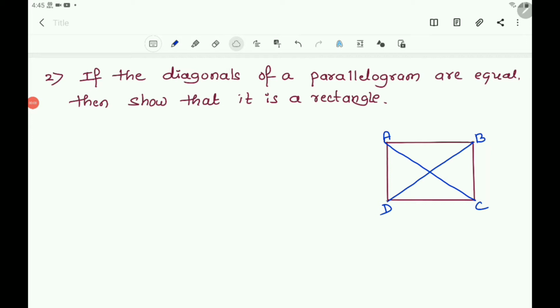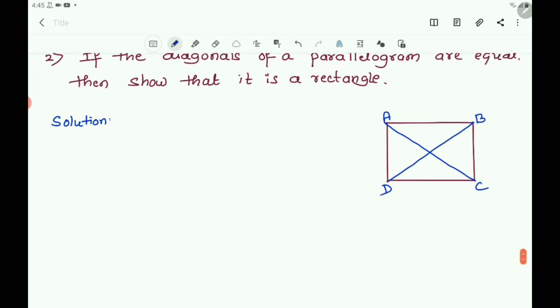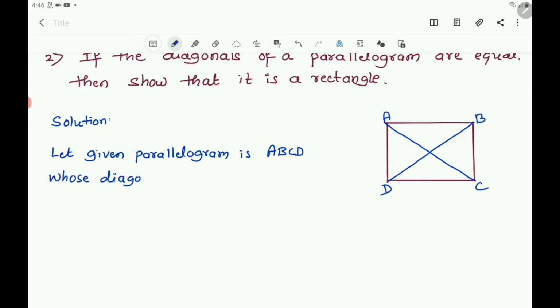Write the solution. Given: let the parallelogram be ABCD, whose diagonals AC and BD are equal.